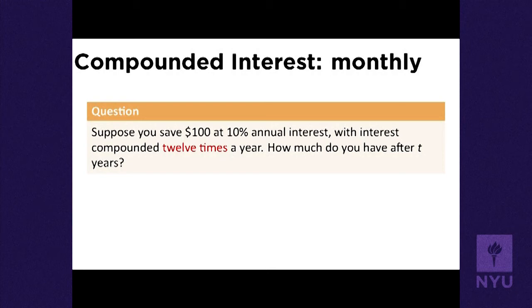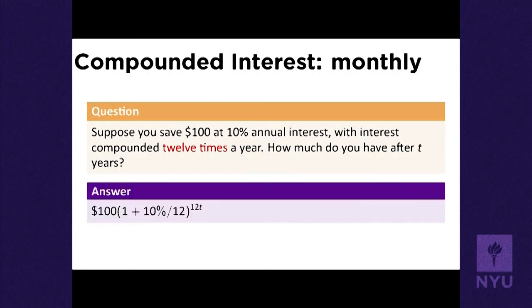How much will you have after T years? $1.09 something? And how do you arrive at the 1.09 something? Right, take that 10% and divide it by 12. Okay, and what power are we going to raise it to? Well, if we get it 12 times a year for T years, we get it 12T times.